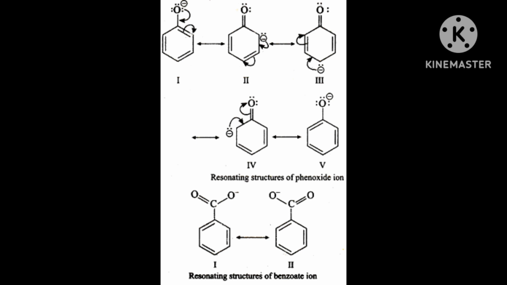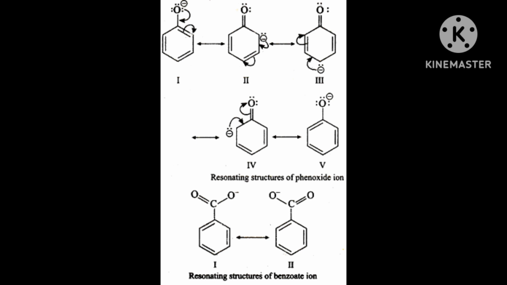Here in the alkoxide ion, the negative charge is localized on oxygen, while in the phenoxide ion the charge is delocalized. For the delocalization of negative charge, there will be resonating structures.